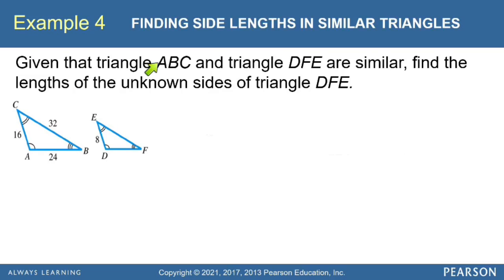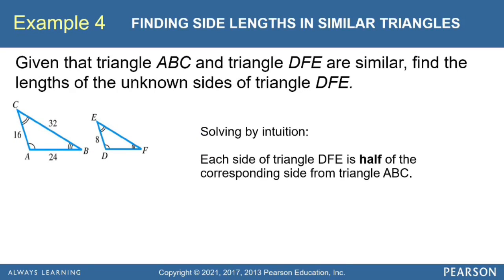It says, given that triangle ABC and triangle DFE are similar, find the lengths of the unknown sides of triangle DFE. Now I think here you probably can do it by intuition, because for the two sides we know, there's an easy relationship between 16 and 8.